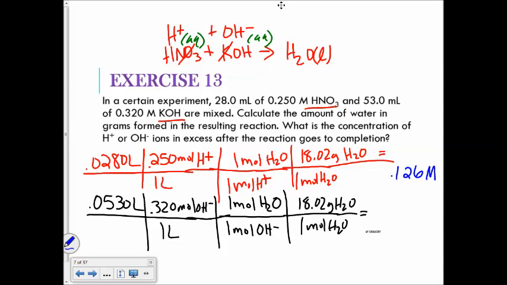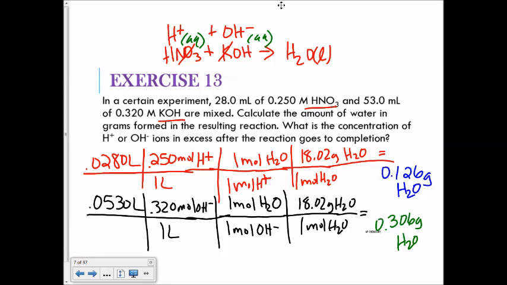Oh, not moles, grams, right? You worked it to grams, correct? Okay. And the one down here? 0.306 grams, right? I think that's what I heard you guys say, right? You want to put the 0 in there.